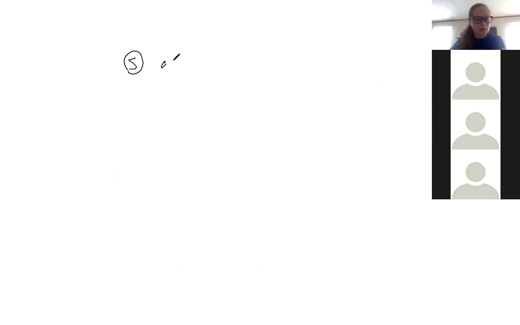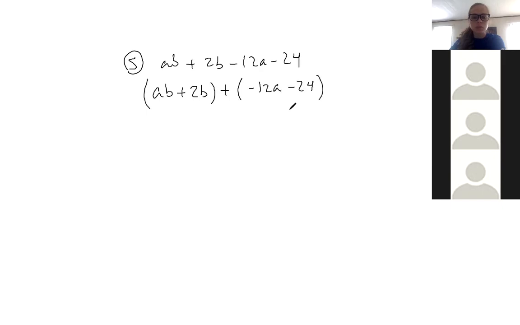And number 5, ab plus 2b minus 12a minus 24. Ask yourself, is there a common factor that I can pull out of all 4 of them? Nope. So let's regroup them. I'm going to put ab and 2b together, and negative 12a and negative 24 together. Now I can factor out a b from both of these terms, and then I'm left with a plus 2.